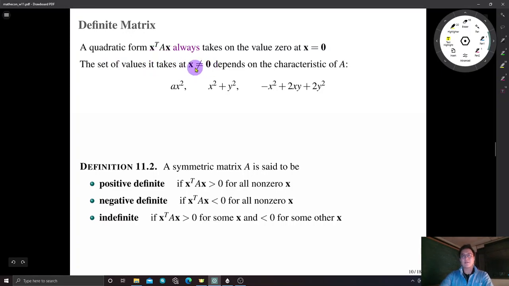When X is not equal to 0, what is the set of values this quadratic form takes at non-zero matrices? Intuitively, that depends on the characteristic of the matrix A inside. So think about this ax squared. It can be put as (x, y).